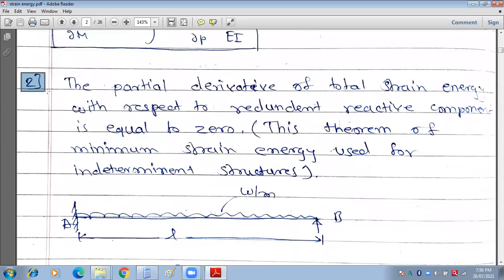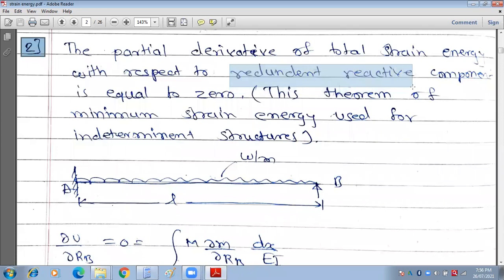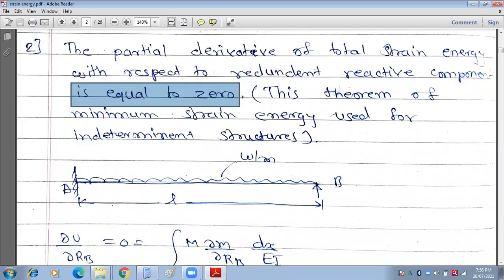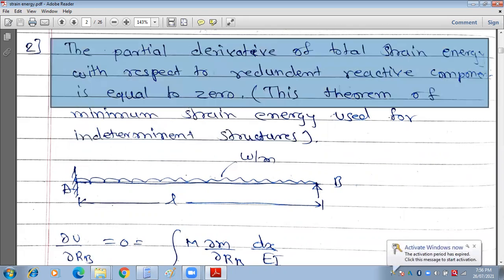Castigliano's second theorem: the partial derivative of the total strain energy with respect to the redundant reactive component is equal to 0. This theorem is of minimum strain energy and it is used for indeterminate structures. Most of the cases we use this for indeterminate structures.